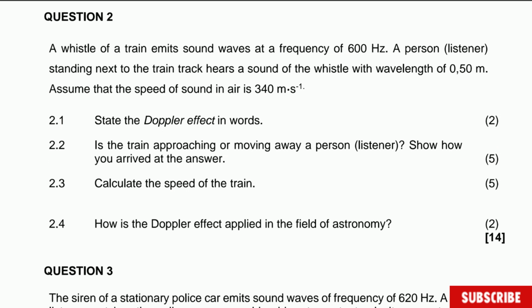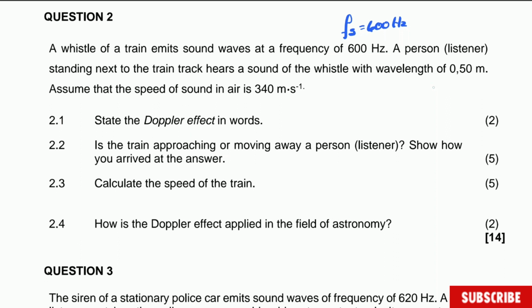Now, question 2 says, a whistle of a train emits a sound wave of frequency 600 Hz. So this one is the frequency of the source, 600 Hz. A person standing next to the train track hears the sound of the whistle with a wavelength of 0.5 meters.